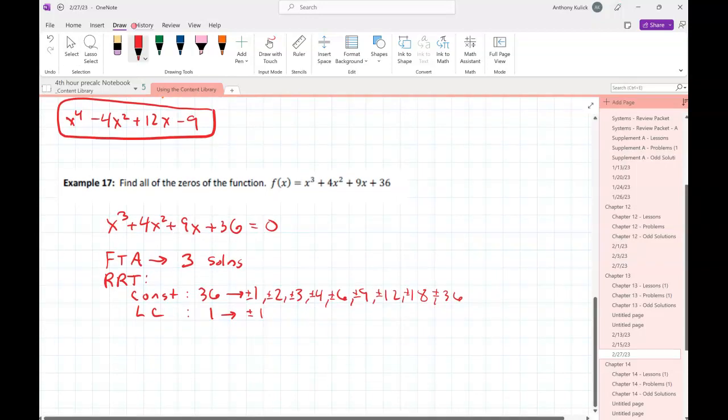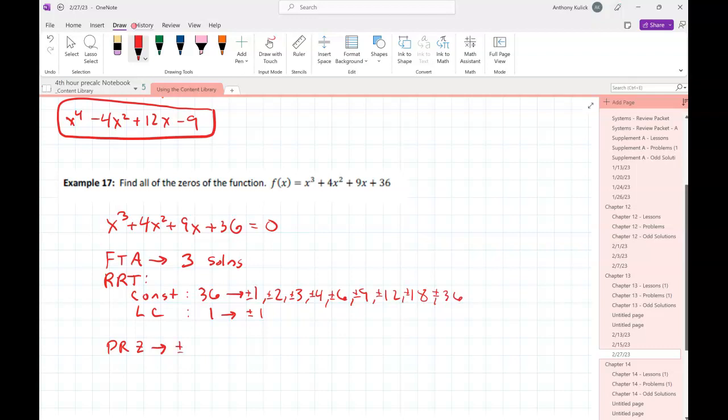So my possible rational zeros then are going to be the factors of the constant term divided by the factors of the leading coefficient. So since the leading coefficient factors are just 1 and negative 1, it's basically just the factors of the constant term. Everybody's okay here?